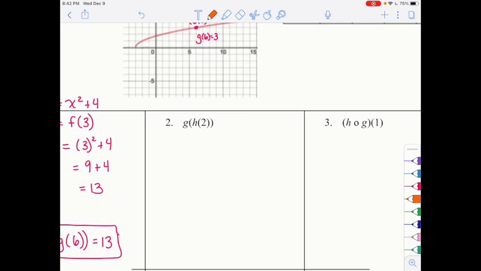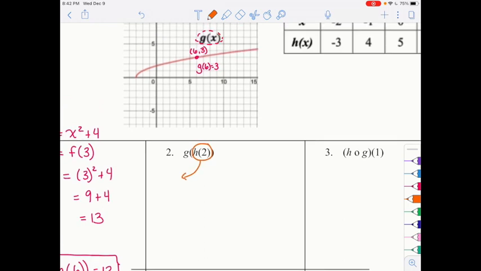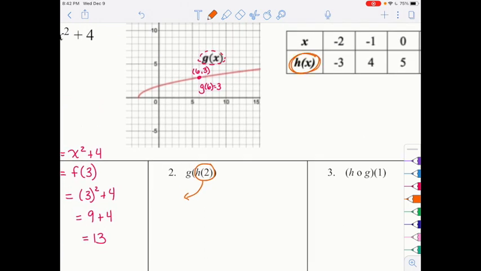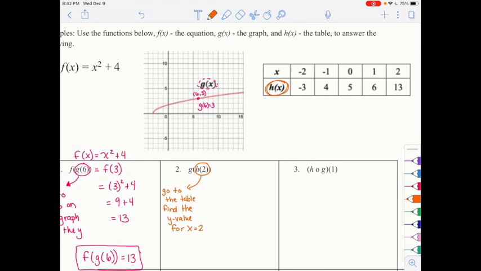G of h of 2, work inside out. H of 2 means go to the table, because the table is labeled h of x. So go to the table and find the y value for x equals 2. Here's x equals 2. What's the y? It's 13.